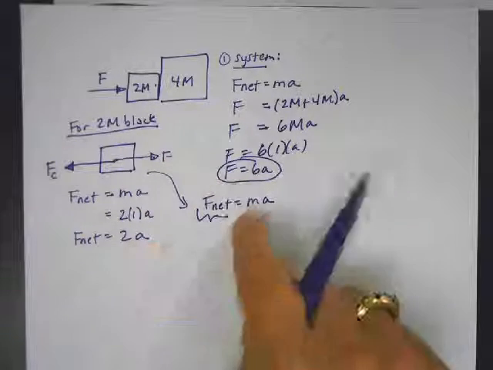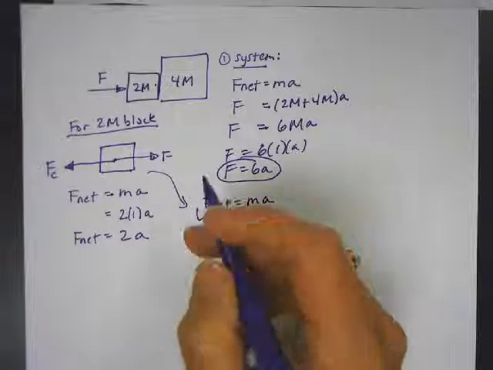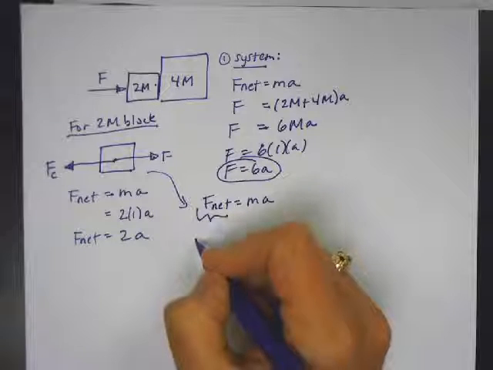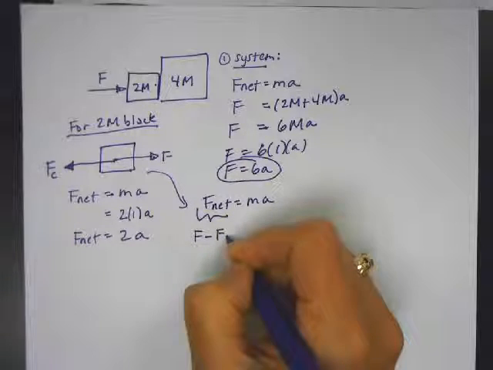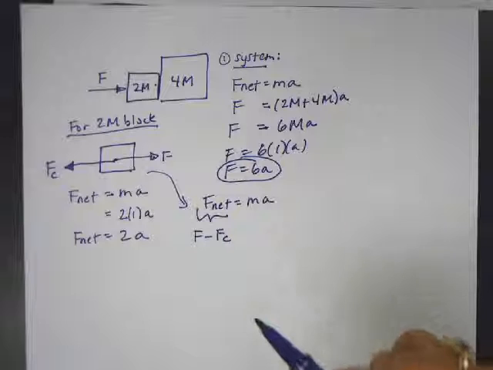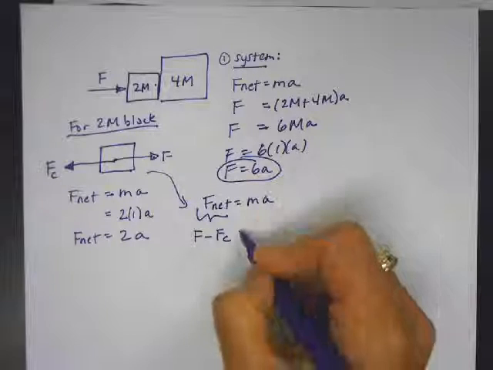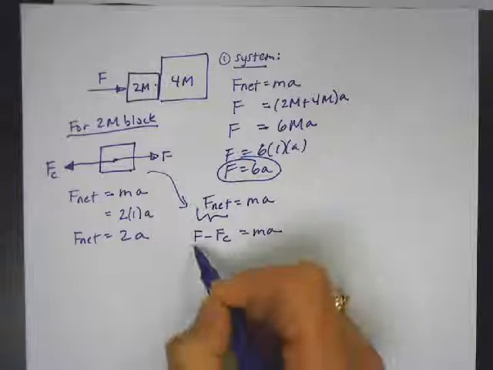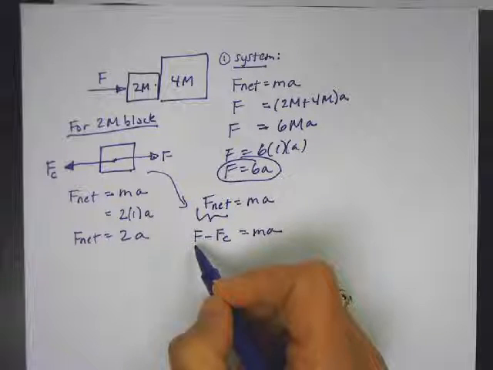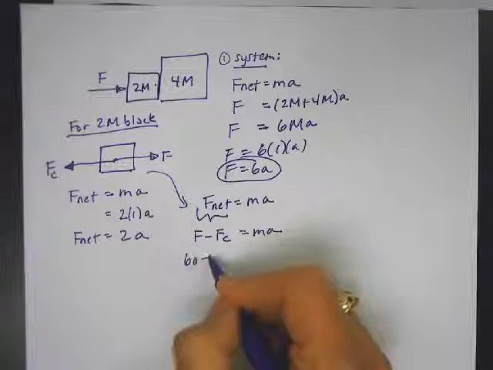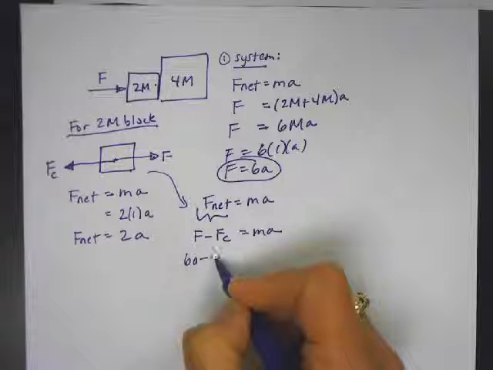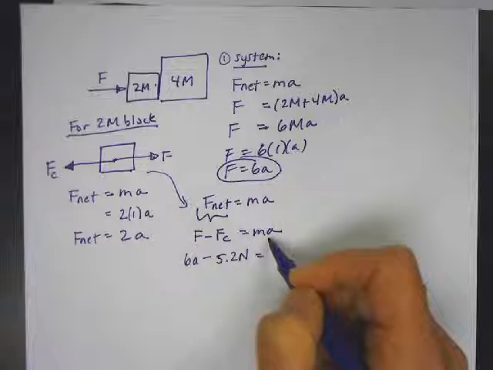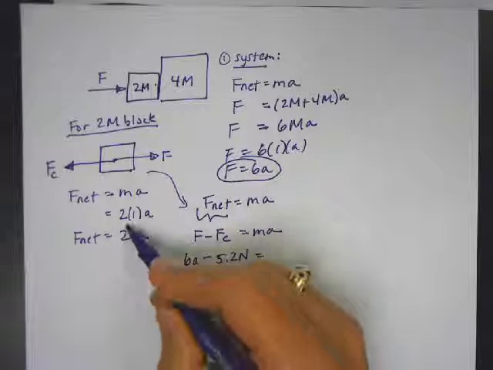I have the force F, which is positive, minus the contact force, because it's going in the opposite direction, and that's equal to ma. So I have F, which is 6a, minus the contact force, which they told me is 5.2 newtons, and that's equal to ma, which I already found is 2a.